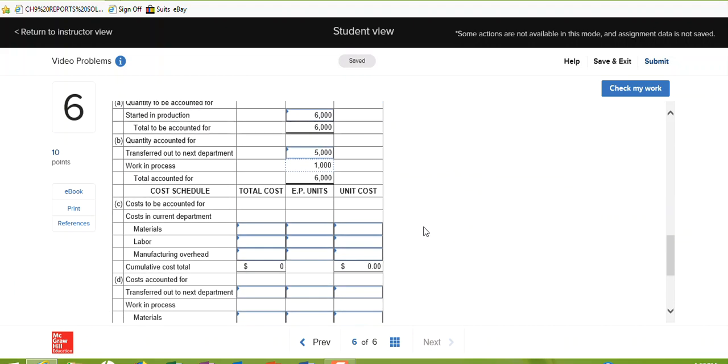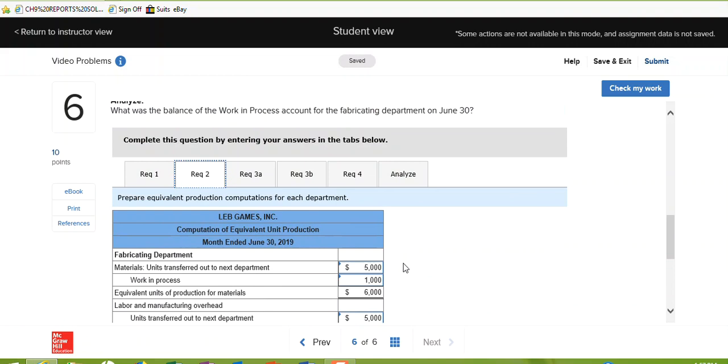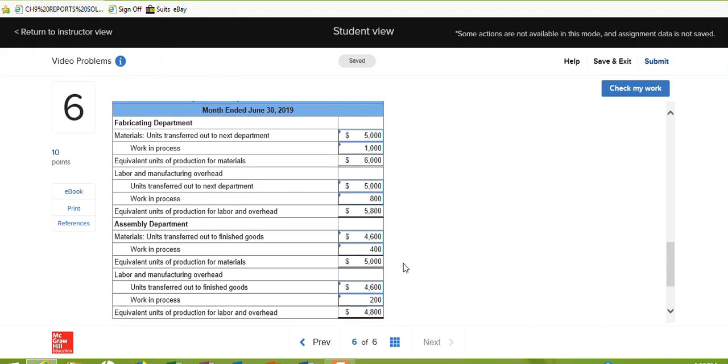All right, now we start breaking these out into total cost, units of production, or equivalent production units, and unit costs. And these are dollar amounts, these are units. All right, so I'm going to start here actually. Cost incurred in the current department. If we look at the units in the chart that we had before, for materials, we had 6,000 equivalent units.